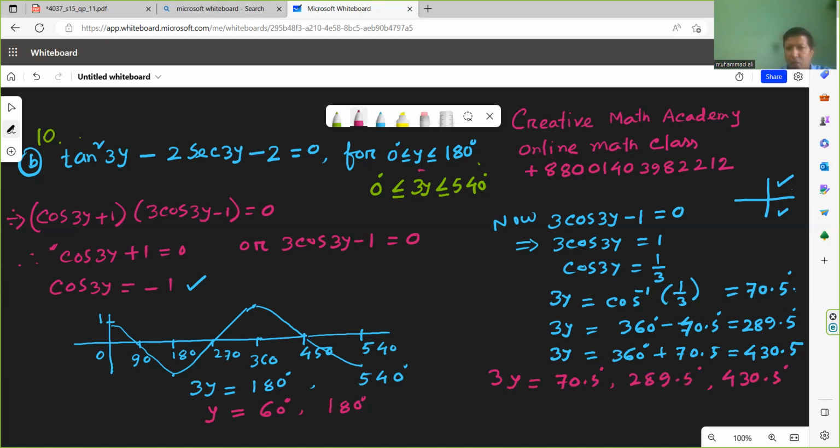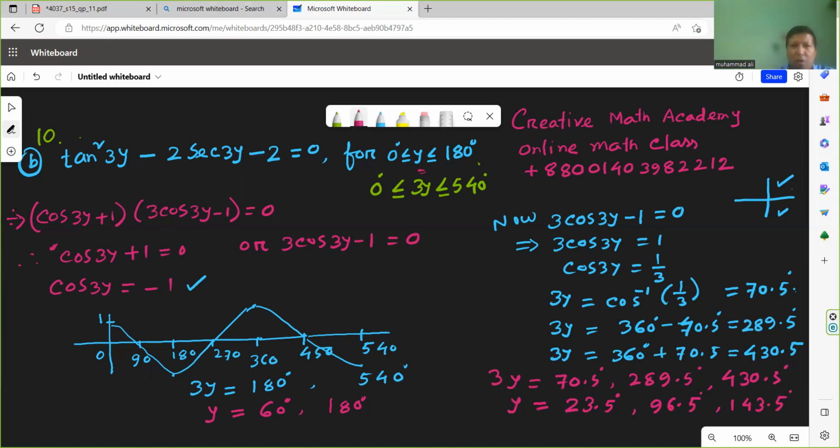So y equals, if we divide all these angles by 3, 23.5 degrees, 96.5 degrees, and 143.5 degrees.